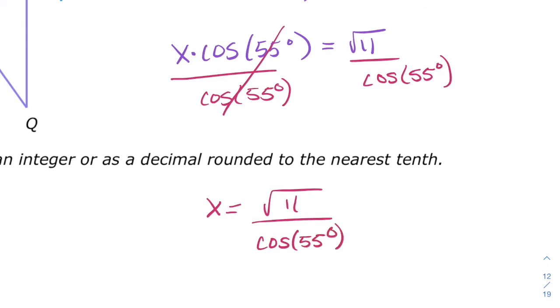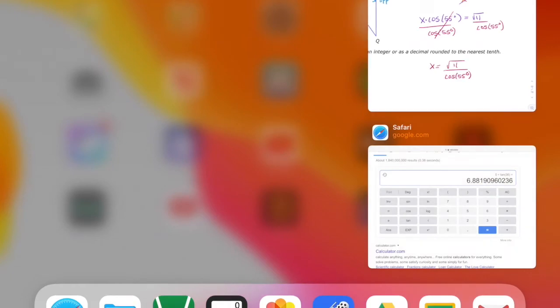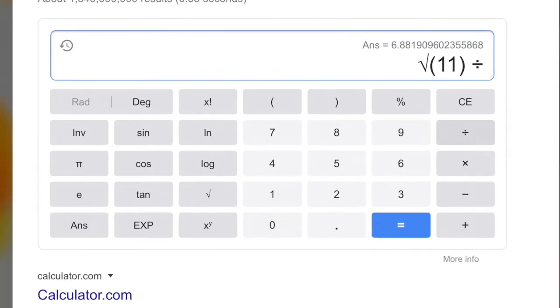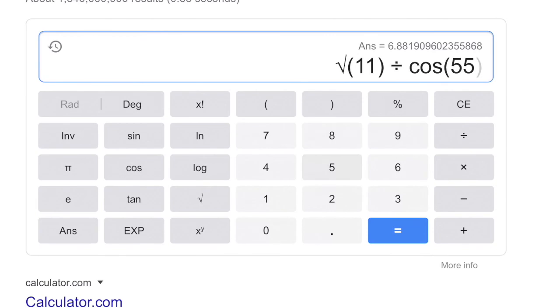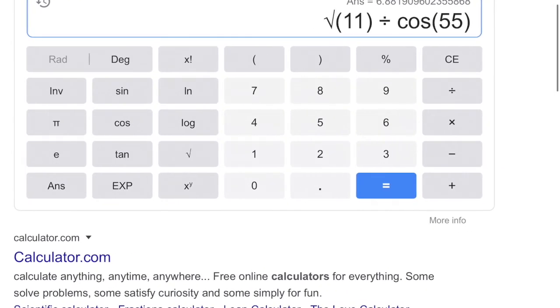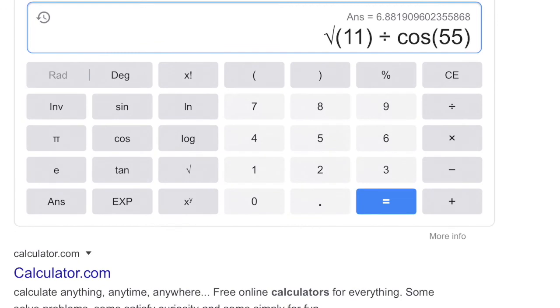Now, just type that in your calculator. The square root of 11 divided by cosine of 55. This is on Google as well, so you have everything you need. This calculator is a Google calculator. I'm just going to do the square root of 11. Make sure I use parentheses. Make sure that it stays as just the square root of 11. Divide by the cosine of 55. And we get 5.782.